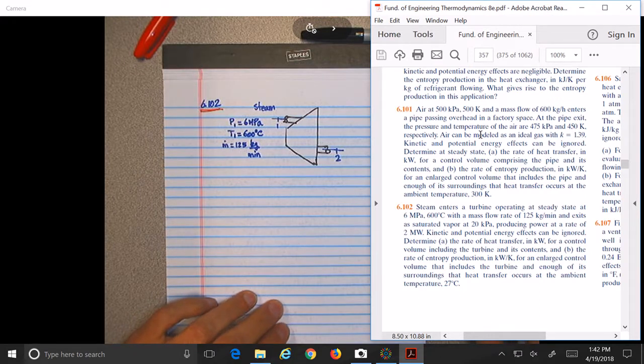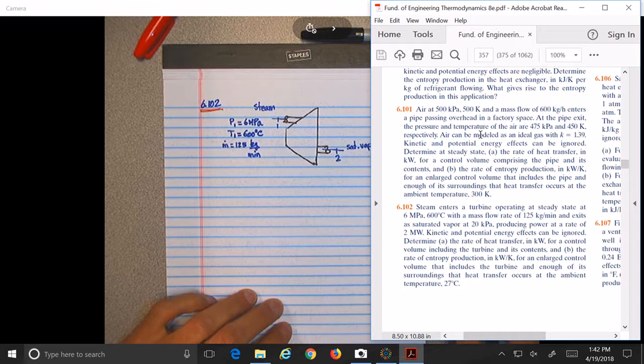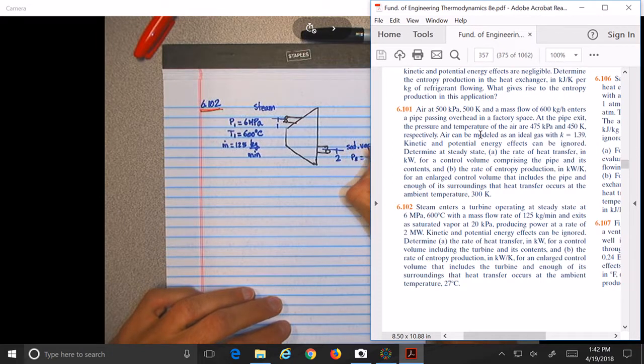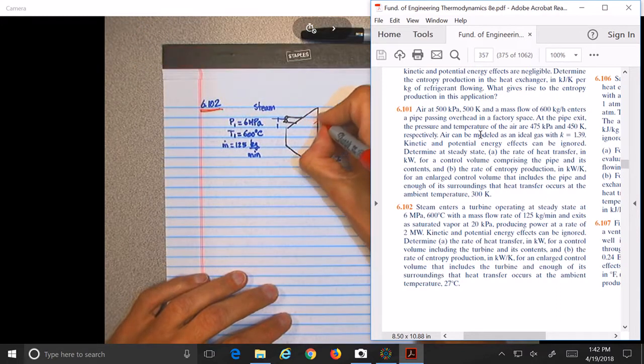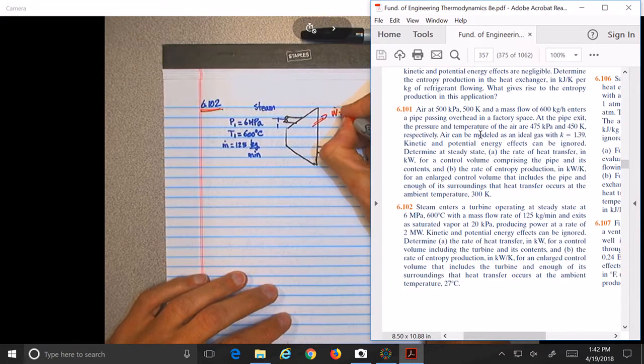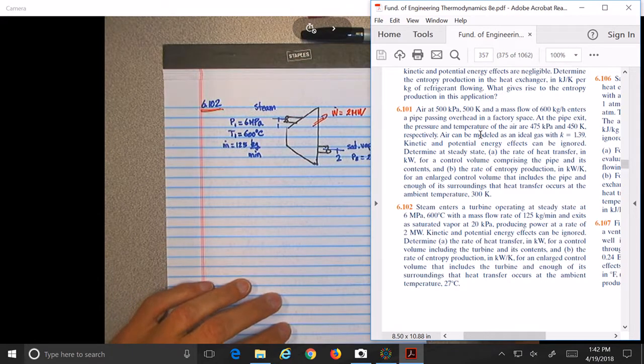And exit as saturated vapor at P2 equal 20 kilopascals, producing power at a rate of 2 megawatts. Okay, so I know it's steady state.